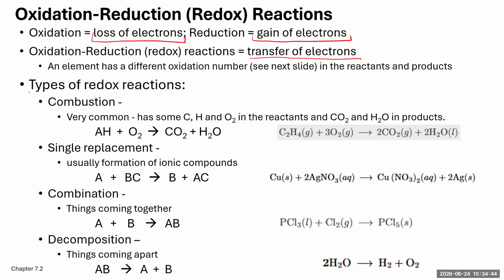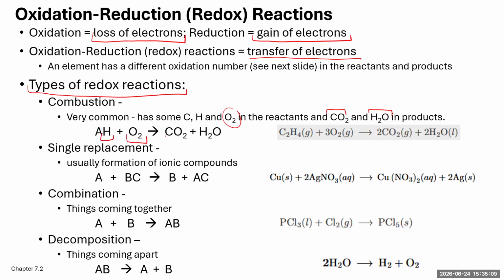So different types of redox reactions. Combustion, so a couple different kinds of combustion, but one that's very common has some carbon, hydrogen, and O2 in the reactants. And you see CO2 and H2O in the products. Again, very common, not all of them, but very common. So here, let's look.